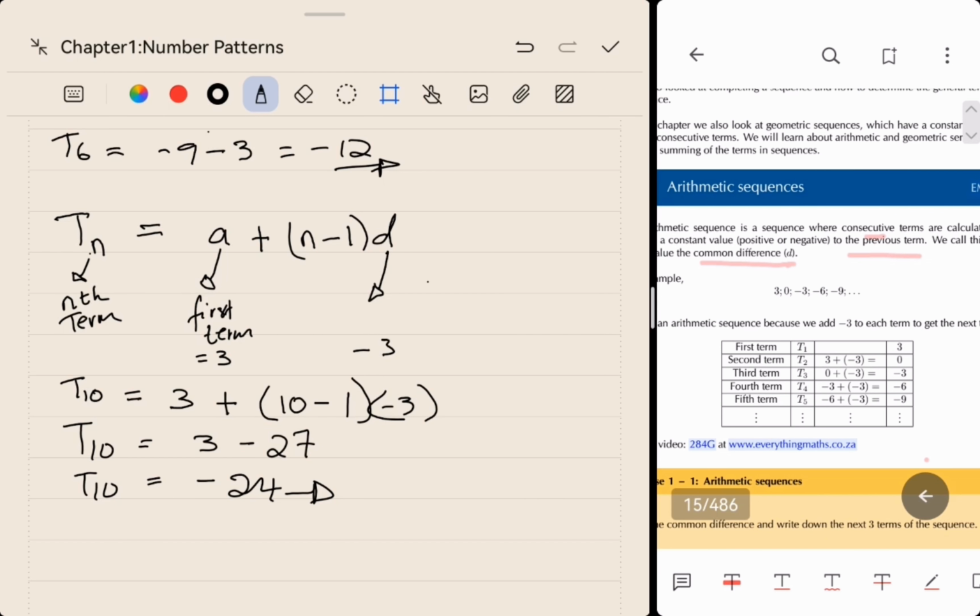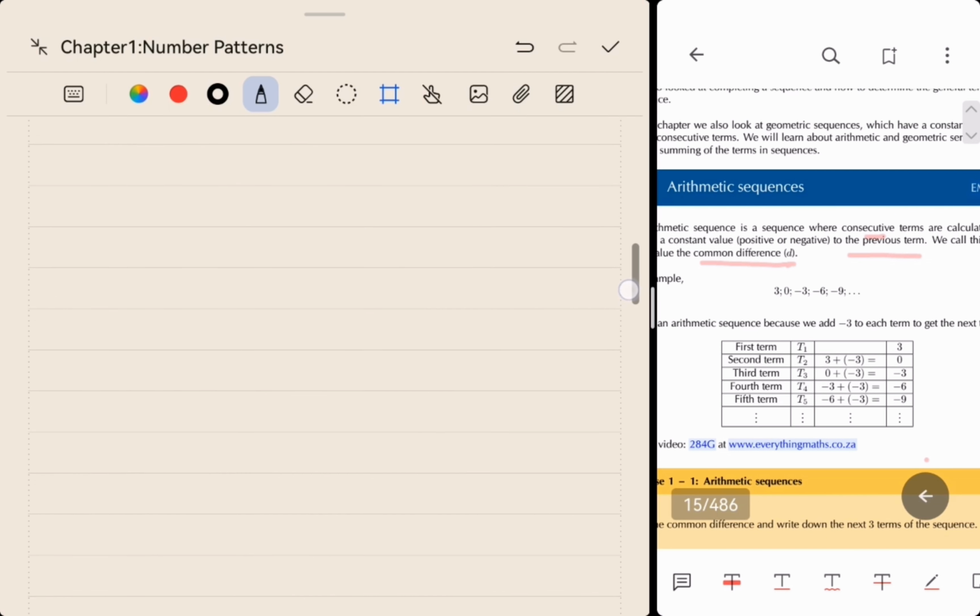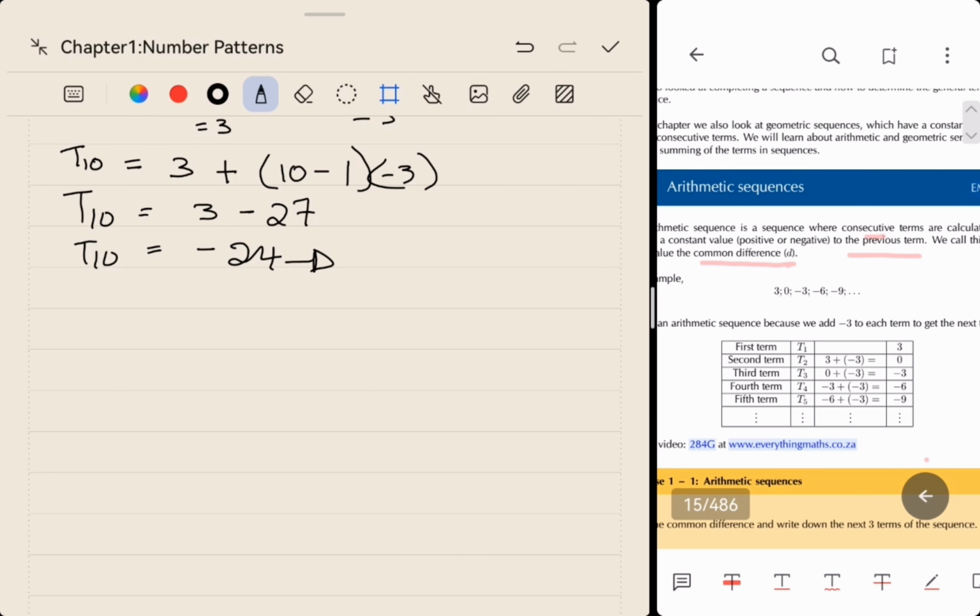So generally, you can say the general term Tn is equal to a plus n minus 1 times d. A we know is 3, and then we say plus n, which we don't know because it's general. Then d we know it's minus 3.